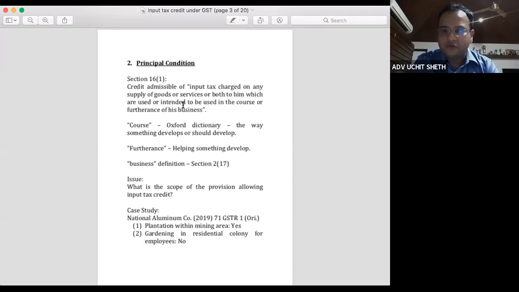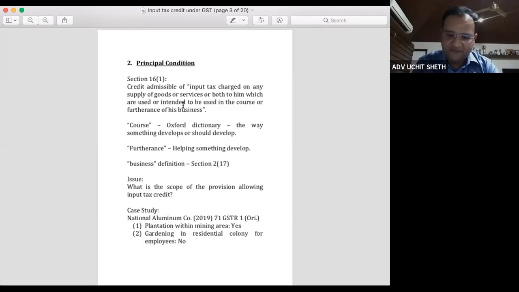So this is a view which is likely to be canvassed by authorities in many cases, where for peripheral activities, the authority may take a view that this is not directly related to your business activity, so we will not grant you input tax credit. According to me, this seems to be erroneous. As I said, the scope, the language of the provision is extremely wide.